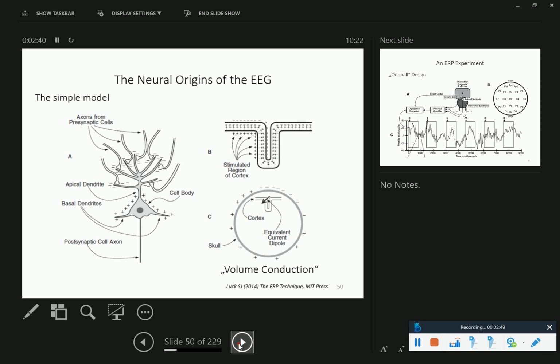So remember that we talked about cortex, and that we said the cortex has different layers, and then there are cells in these layers. And one important cell type are the pyramidal cell neurons. And then we discussed this thing that if a synapse becomes active at these dendrites, then positive charge moves in, and the external milieu will get a little bit negative.